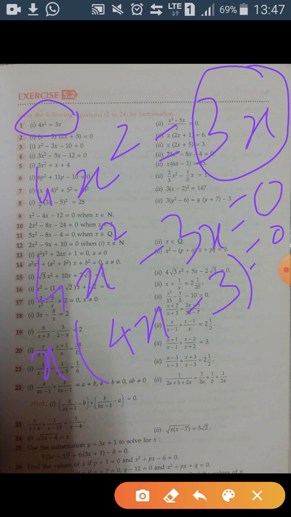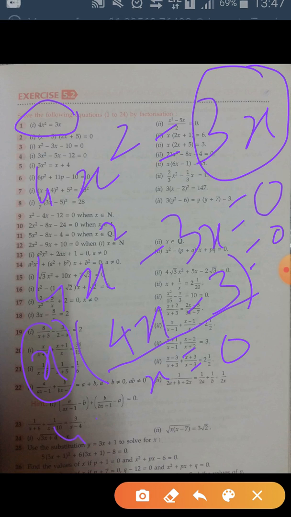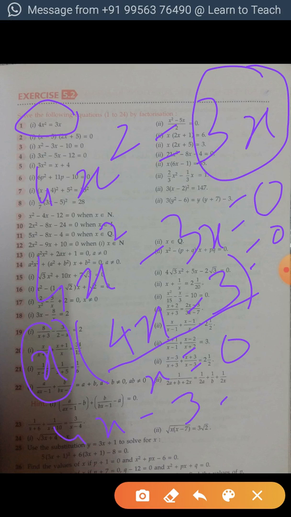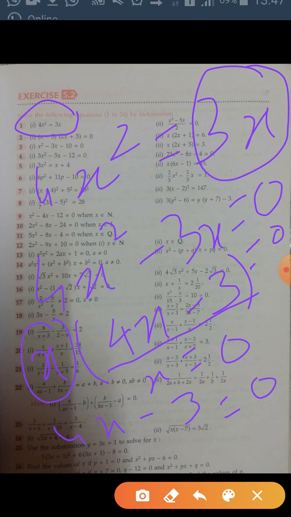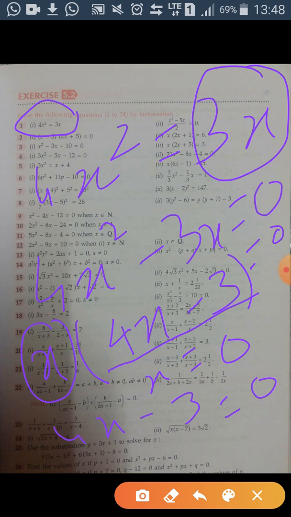From here you can guess that x is equal to 0, and 4x minus 3 is equal to 0. If you solve it, you will get x is equal to 3 by 4. Nothing different from what you have already done in class 9.